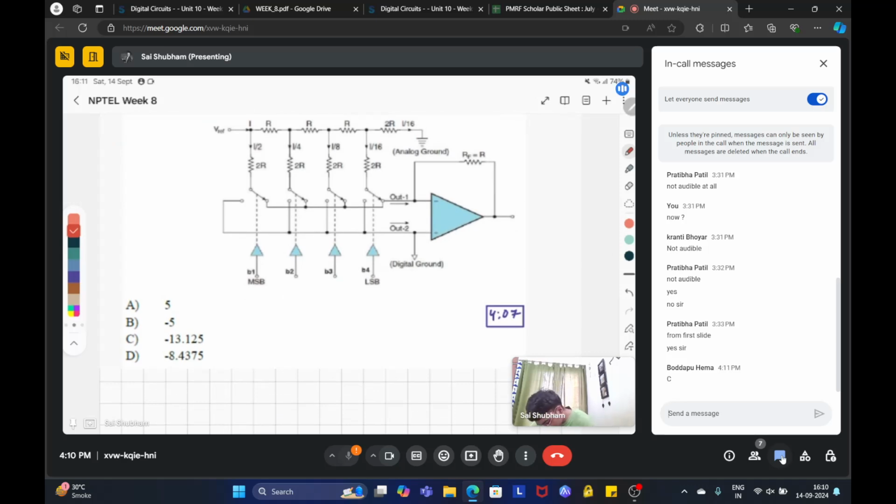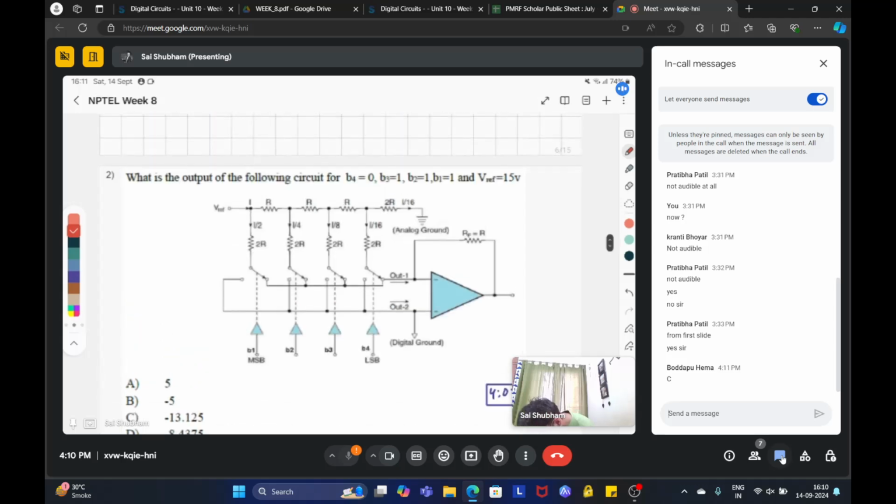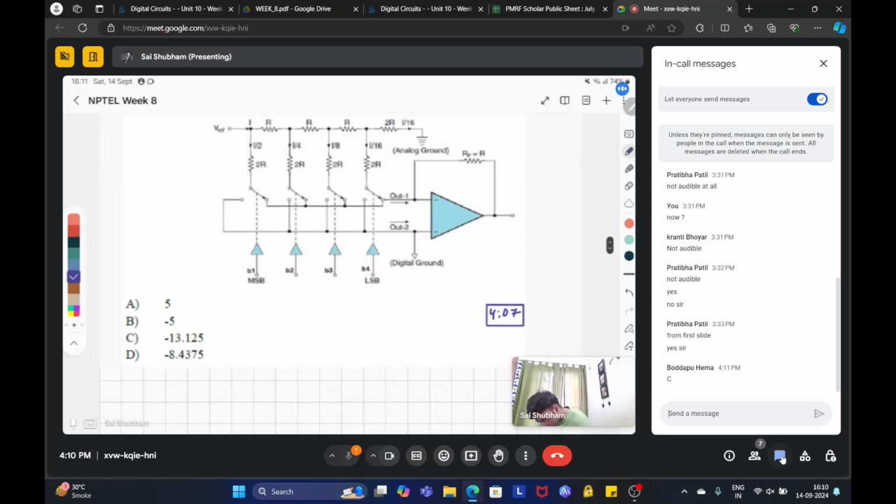So the currents of our interest, I think, are 1, 2, and 3. So that will add up to I by 2 plus I by 4 plus I by 8. Okay. This much into R equal to your V out. And we know V reference equal to IR.